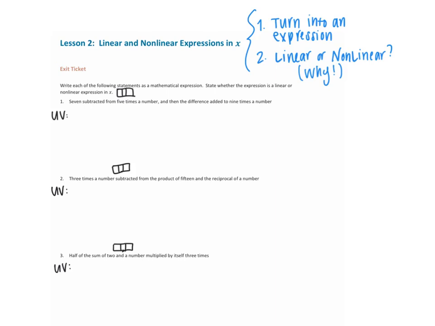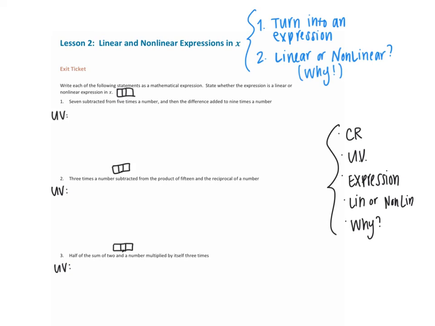So for each of these, you have quite a few things to do: close read, define your unknown variable, write the expression correctly, tell me if it's linear or nonlinear, and then tell me why. Each one of these questions is worth 1, 2, 3, 4, 5 points, making the total exit ticket worth 15 points today.